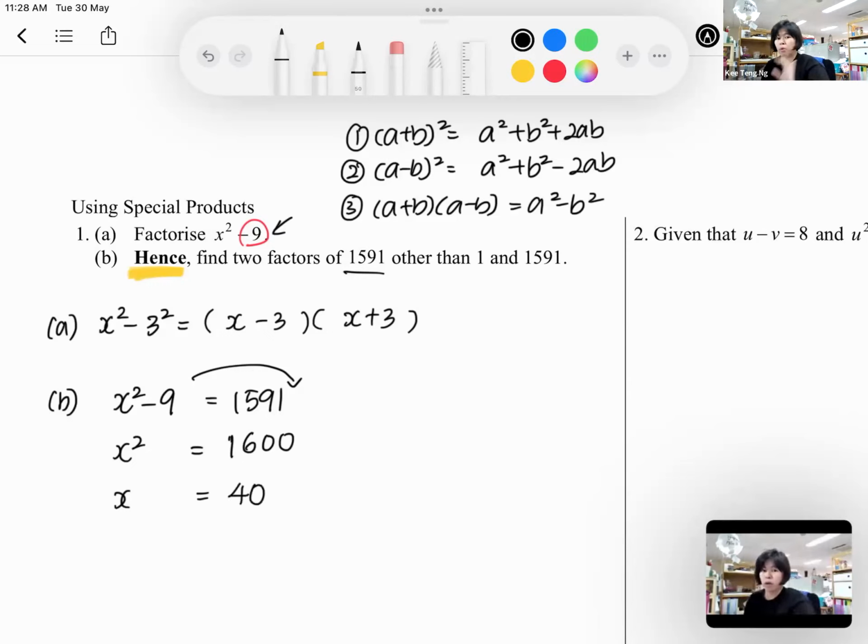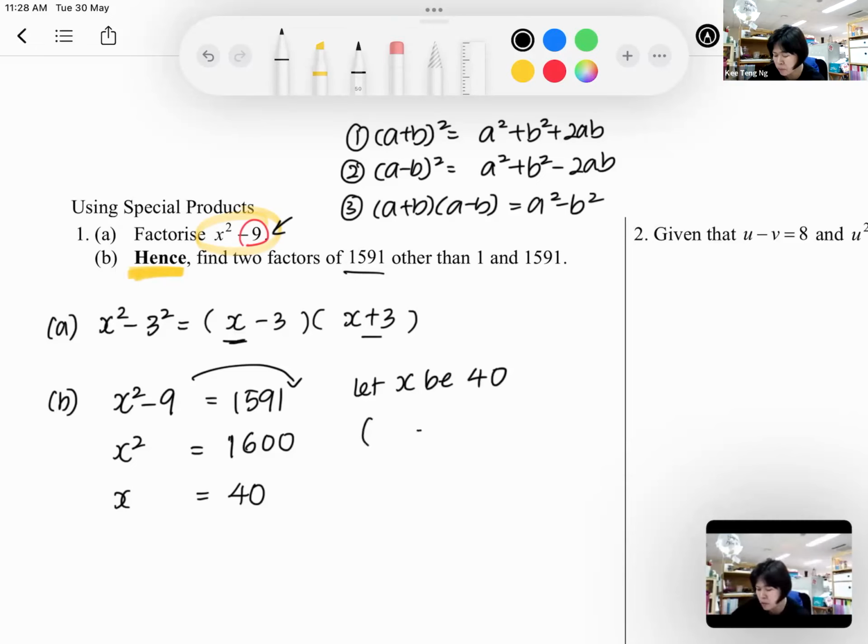Okay, so when they want me to find certain factors, I must relate to and use the answer for part A. But now the problem is I don't even know what x is, right? So when I want to find out what x is, I can actually use the easier one. I can use this portion to find from the equation the value of x. After I solve for x, I say let x be 40 and replace it inside here.